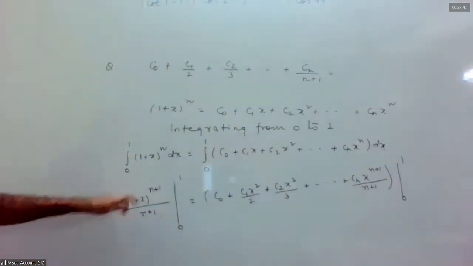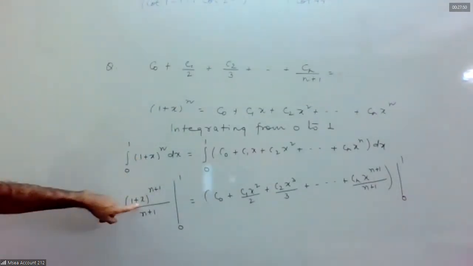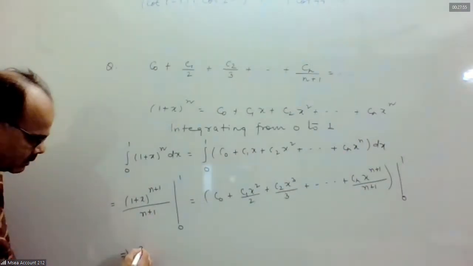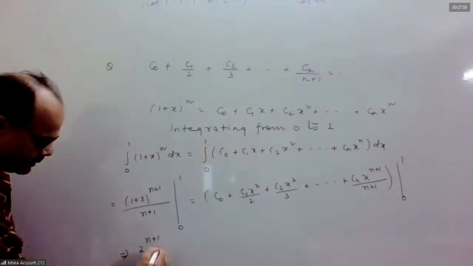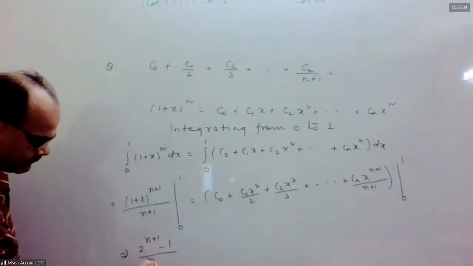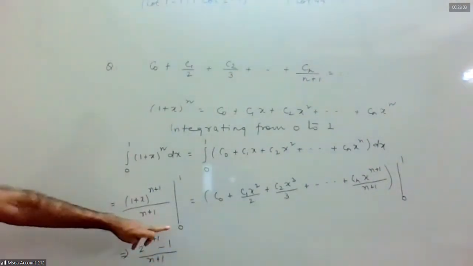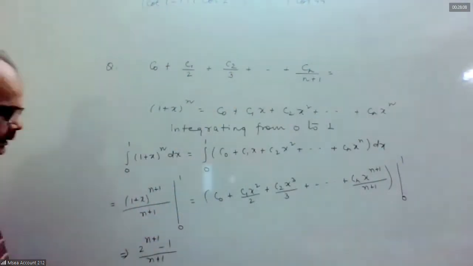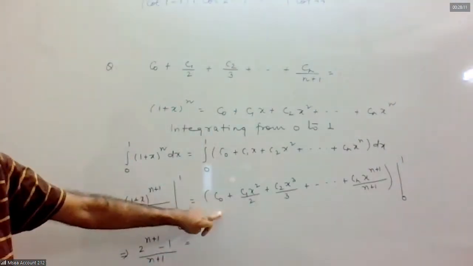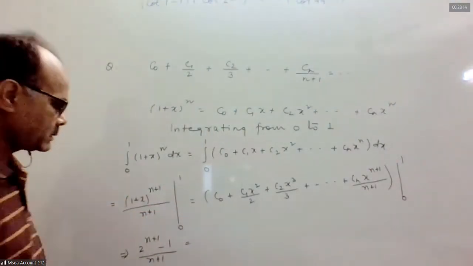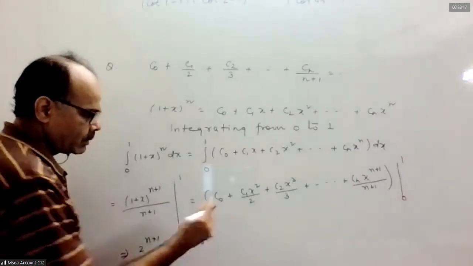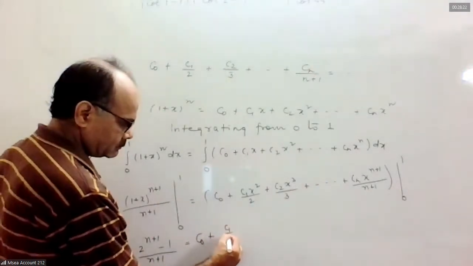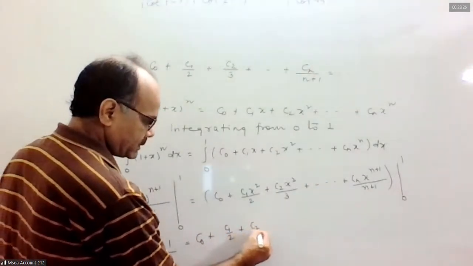If you put 1, it is 2 to the power n plus 1 minus 1. Is it visible? Yes, sir. Upper limit 2, lower limit 1 equals C0 times 1, only C0, plus C1 by 2, plus C2 by 3.